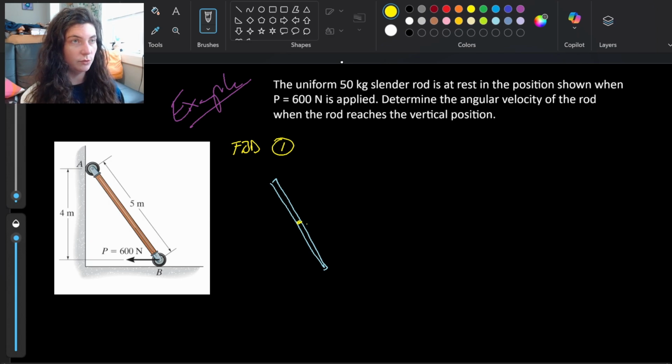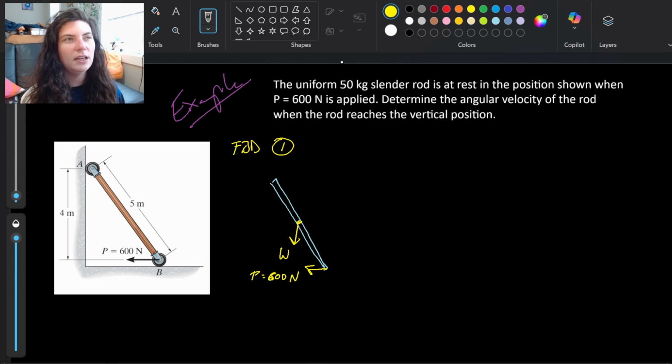We're just going to assume it's a uniformly dense rod, so halfway through the rod, acting straight downwards, we have the weight of the rod. They also tell us we have that applied force P going directly to the left at B, where P is 600 newtons.